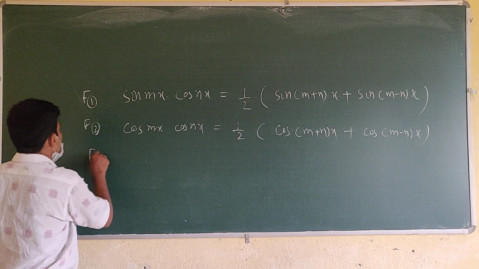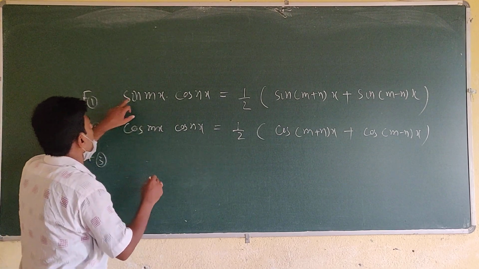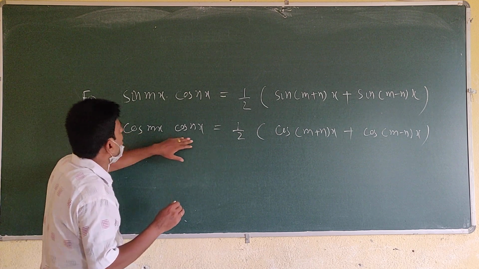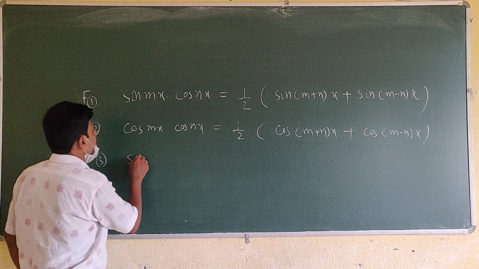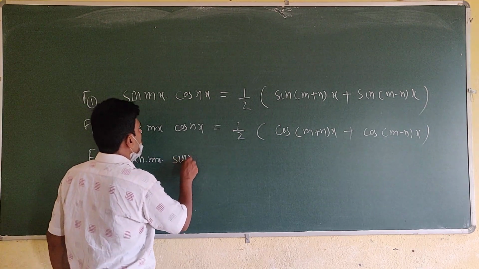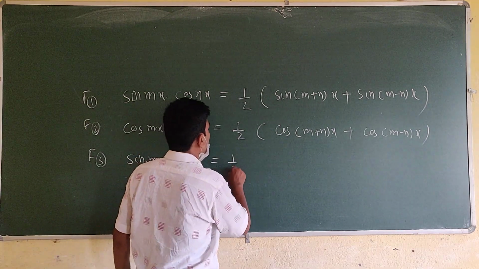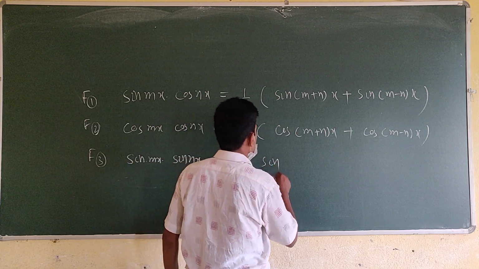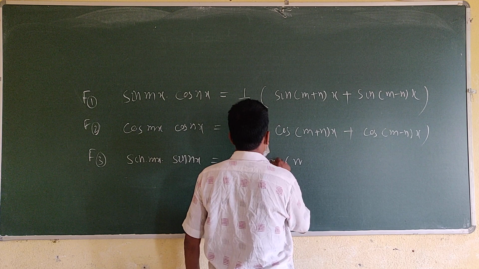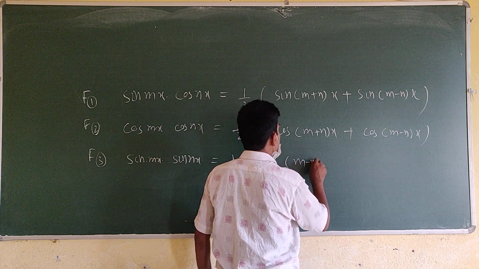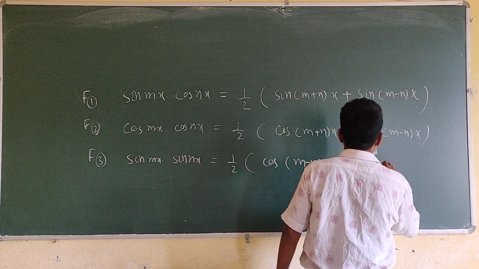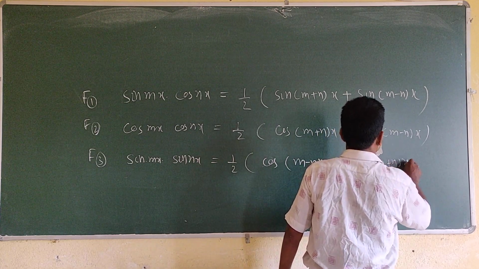Okay, formula 3, that is the third formula. If it is purely sin, that is sin mx into sin nx, then you can write it in this way: half of cos (m minus n)x minus cos (m plus n)x.